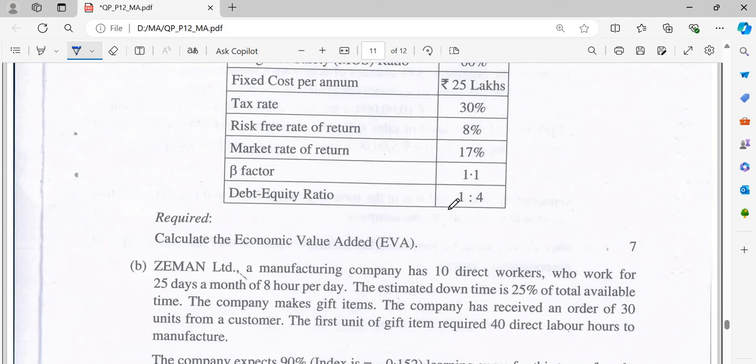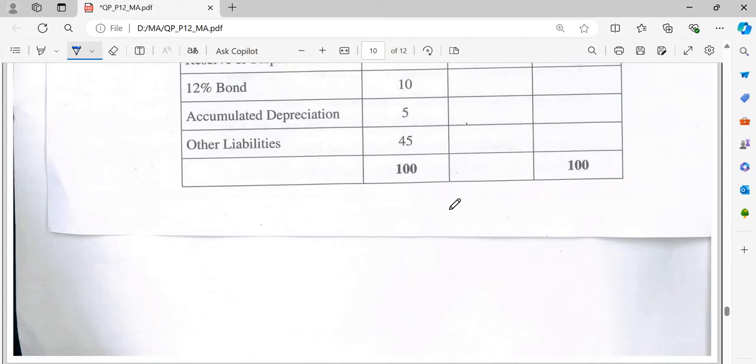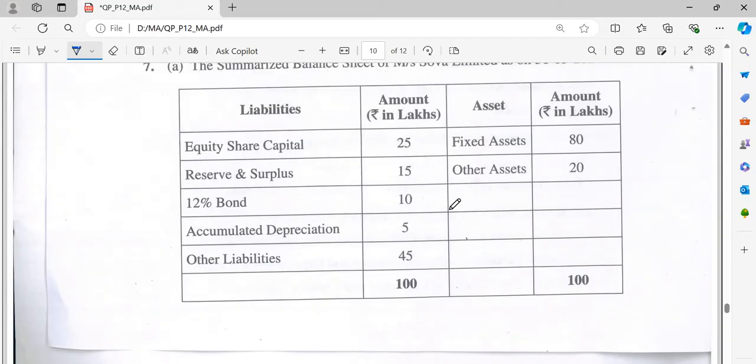We need to calculate our weighted average cost of capital first. For that we require cost of equity, cost of debt, everything. So first let's calculate cost of equity.